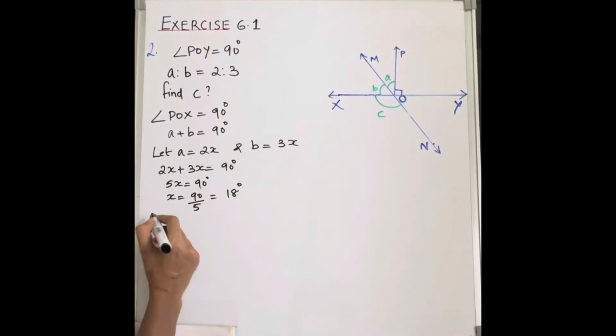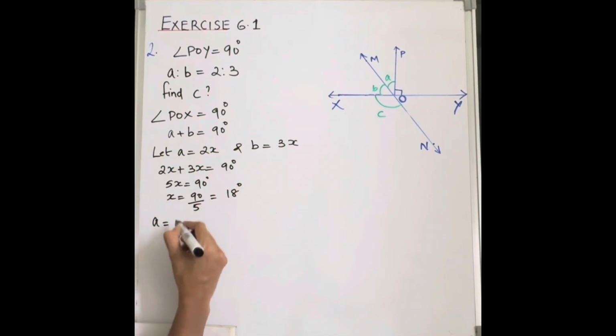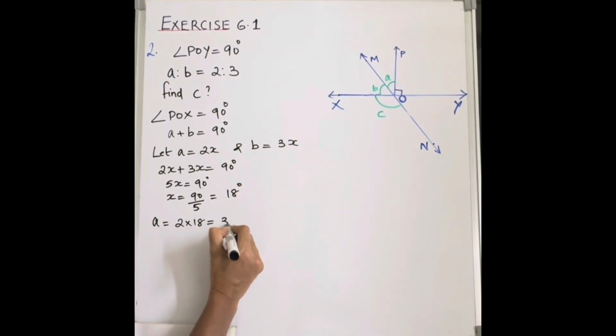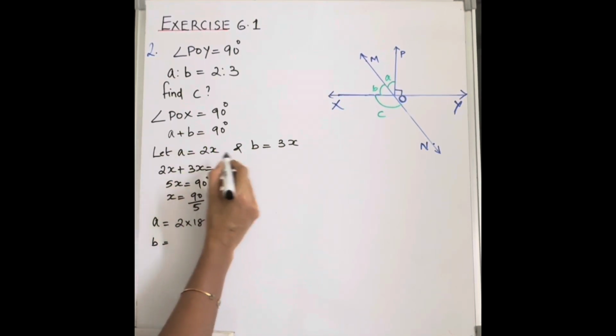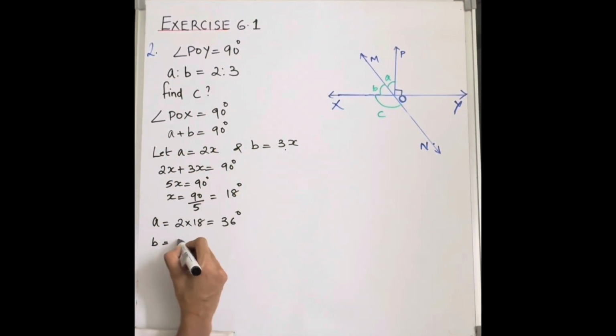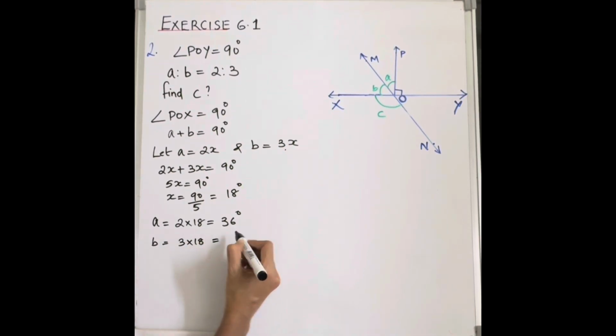So now let's find A. A is equal to 2x, that is 2 into 18 will give you 36 degrees, and B is equal to 3x, which is 3 into 18, which will give you 54 degrees. So A is 36, B is 54.